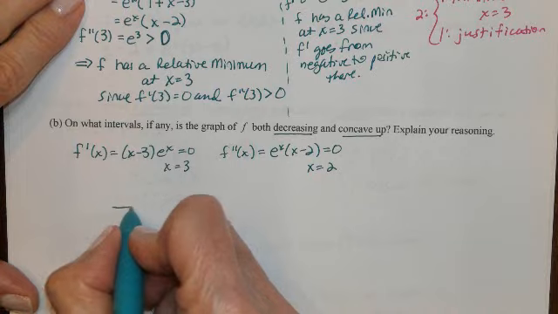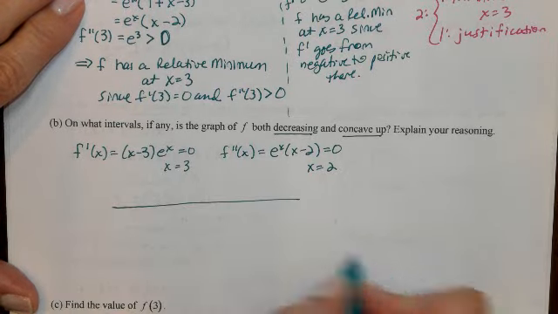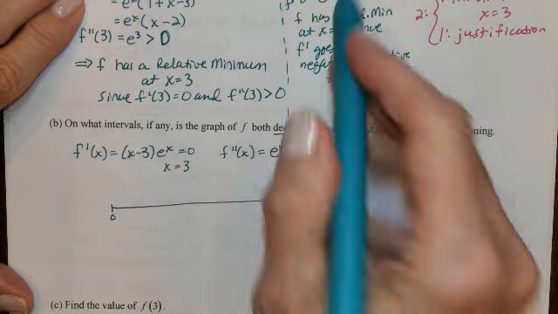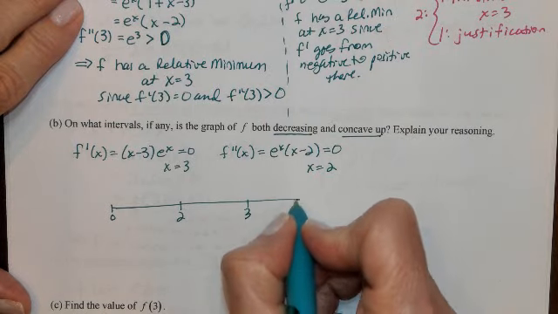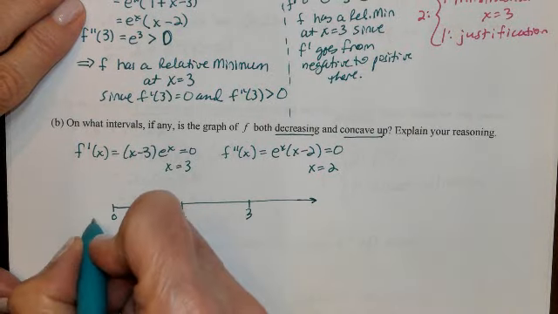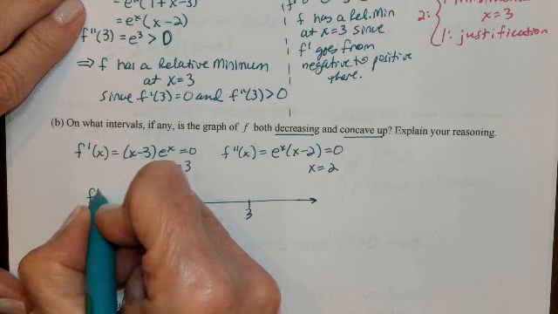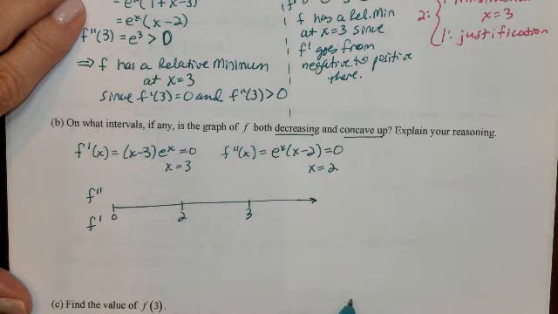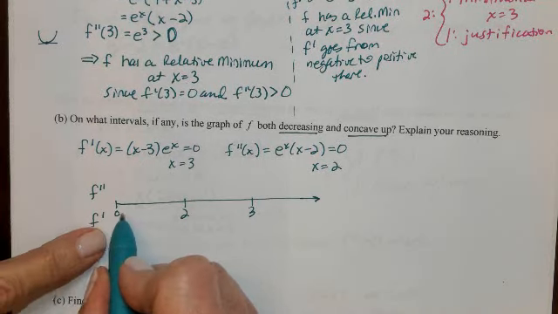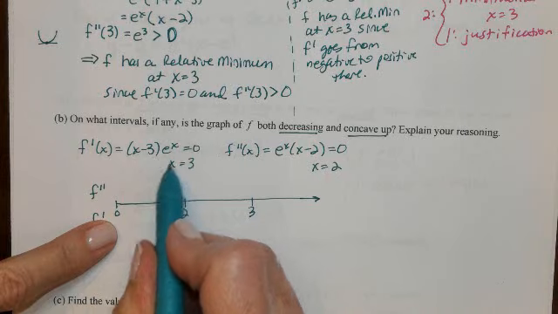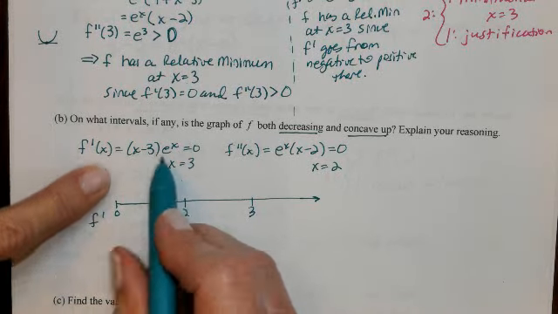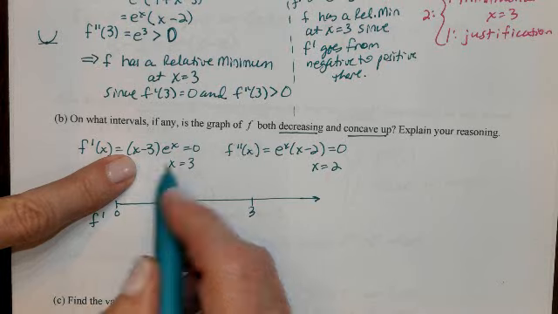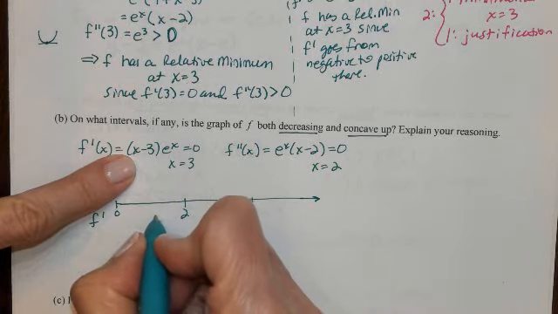So if I do a number line, I'll put 0 here because we're only looking at x greater than 0, 2, 3, and then we'll go on. I'm going to put f prime on the bottom, f double prime on the top here. So from 0, f prime will only change around 3, and we know that anything below 3 makes f prime negative.